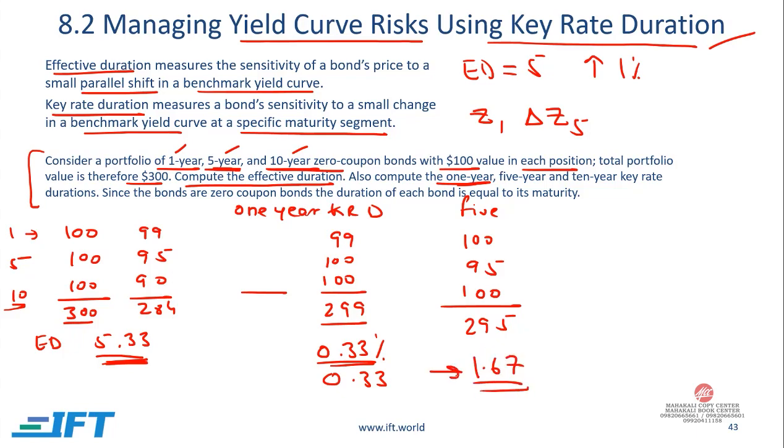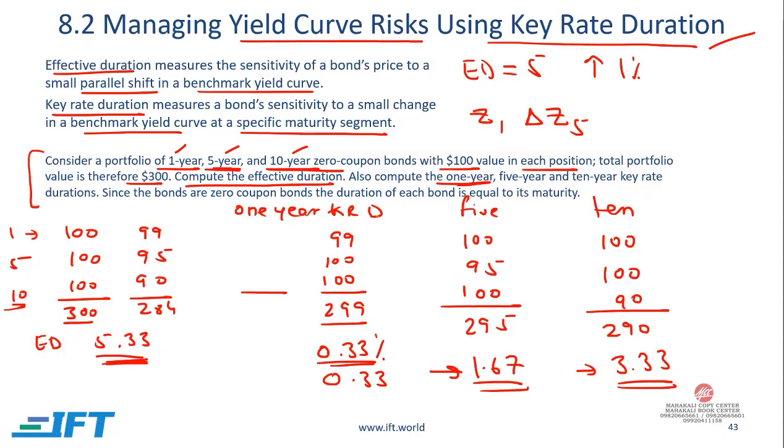So this is the 5-year key rate duration. And then we have the 10-year key rate duration. Here the assumption is that the 10-year rate goes up by 1%, which means that the 1-year bond stays at 100, the 5-year bond stays at 100, but the 10-year bond will come down to 90. The value of the portfolio is 290, and this is a 3.33% decline. So the 10-year key rate duration is 3.33.